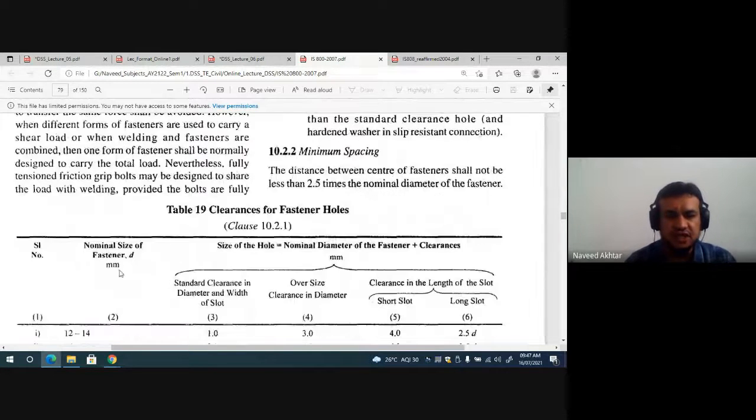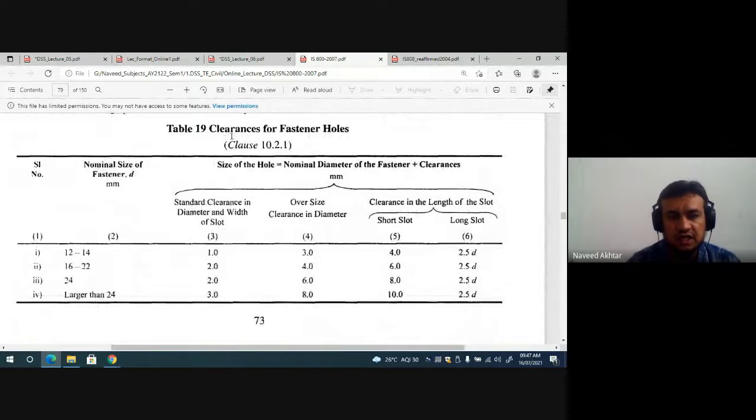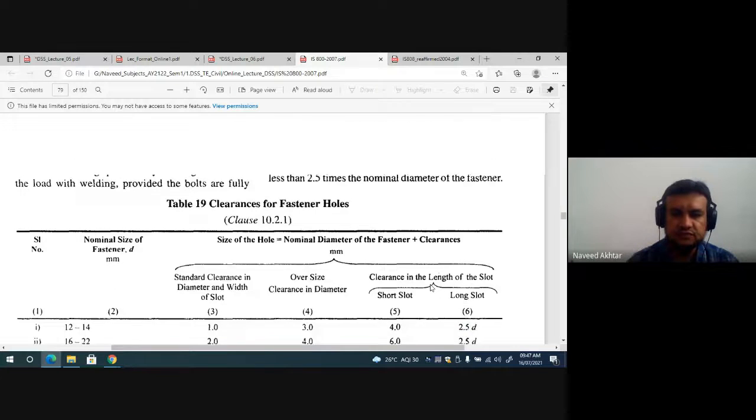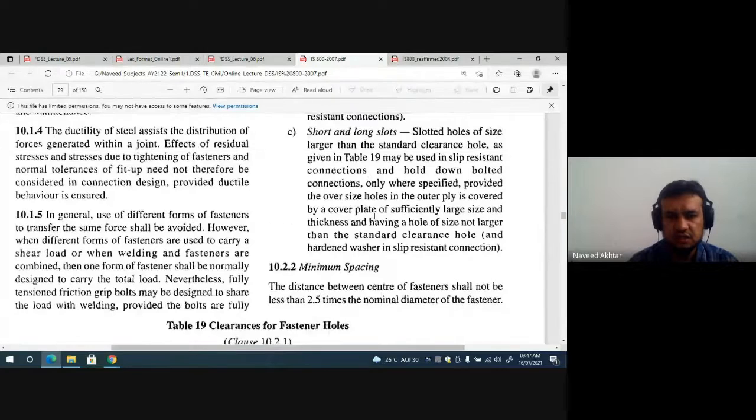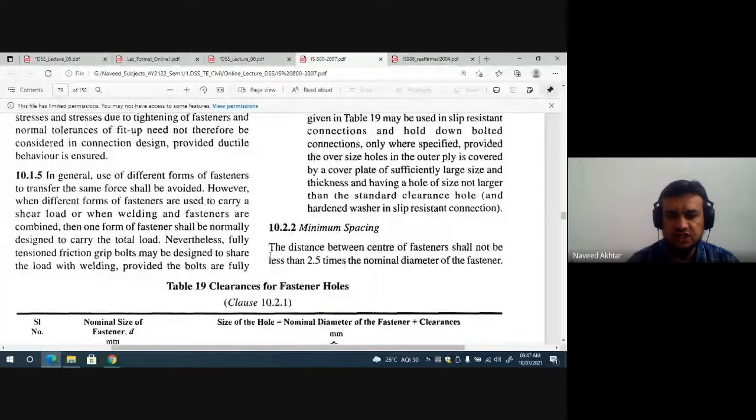All the things are given here, like clearance of the fastener in the hole. As per the size of the hole, the minimum pitch distance between two is 2.5 D, which is also written here. The distance between centers of fasteners shall not be less than 2.5 times the nominal diameter of the fastener.